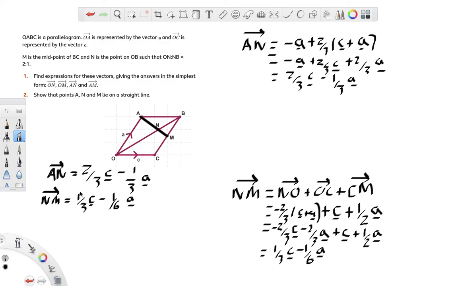Is there a number we could times N to M by, say, to give us A to N? Well, we're not sure. So we have a look.